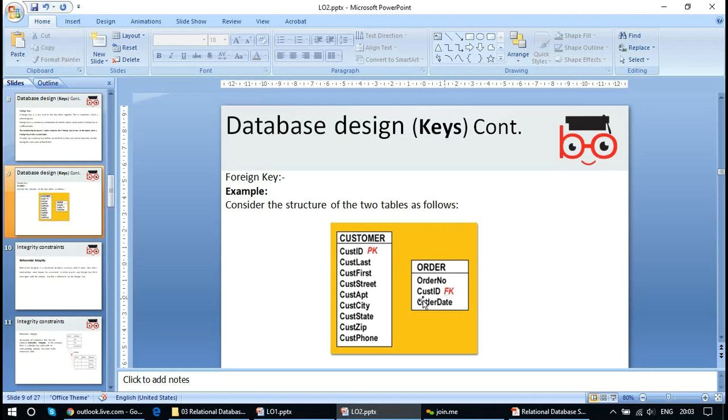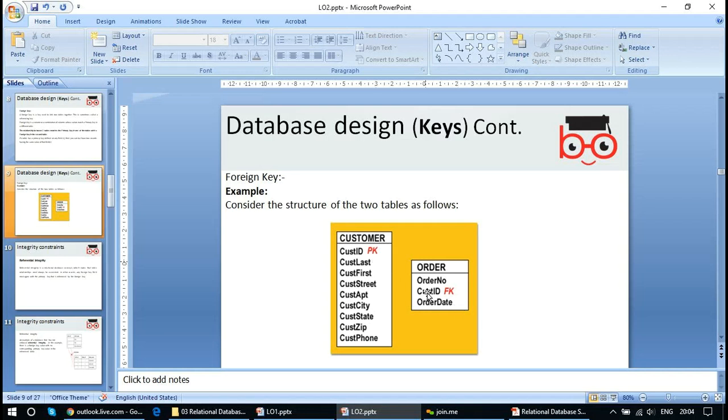You don't need to repeat the details of the customer. When you link one table with another table, it makes the connectivity called primary key and foreign key connectivity.